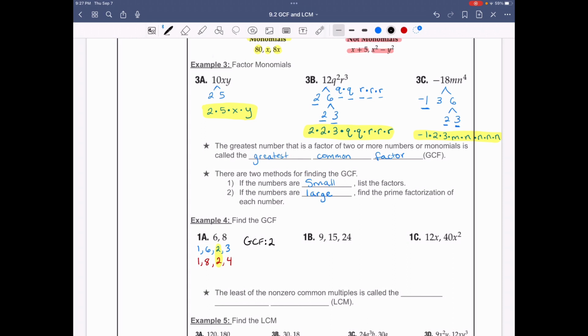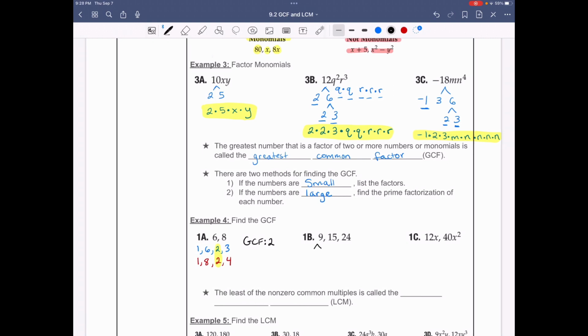Let's do that for 1b. These numbers are a little bit bigger, so I'm going to list the prime factorization. For 9, it's 3 times 3. For 15, it's 3 times 5. And for 24, I'm going to draw my tree upside down.